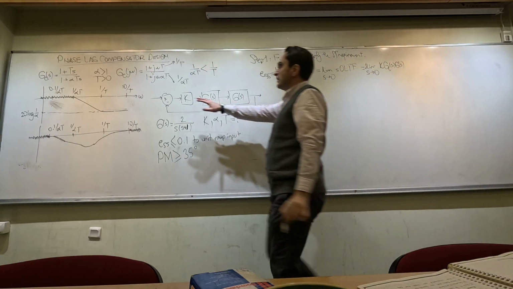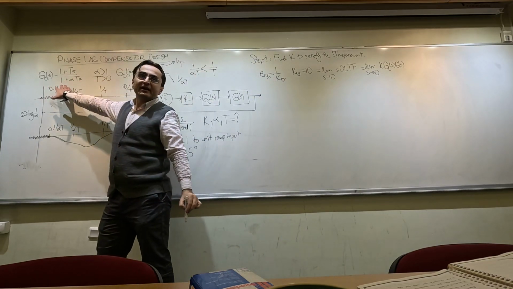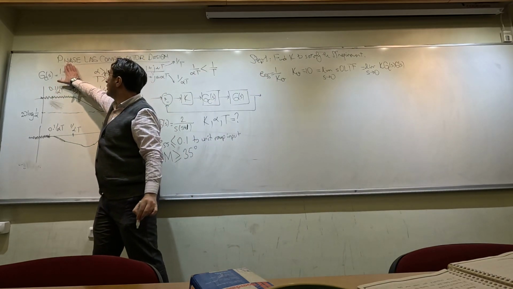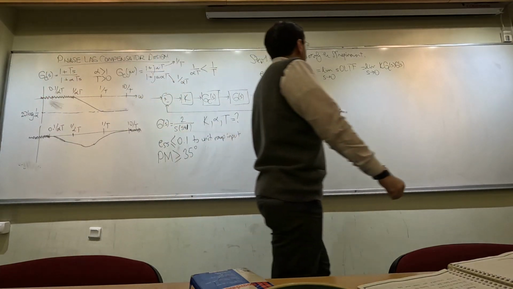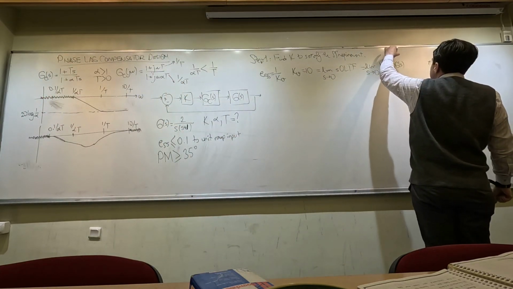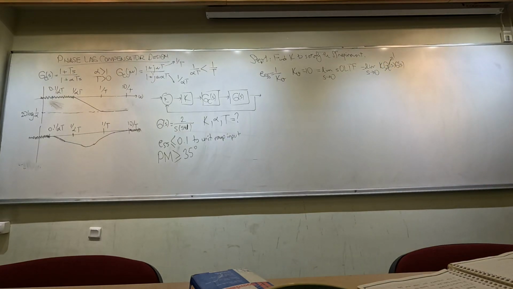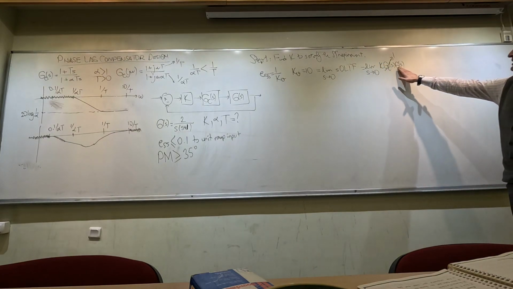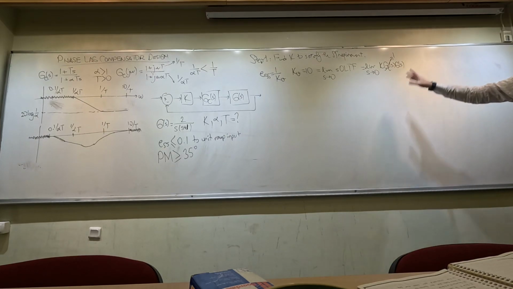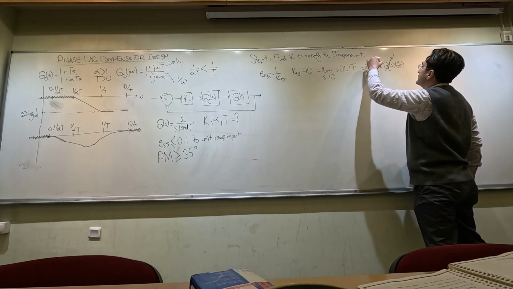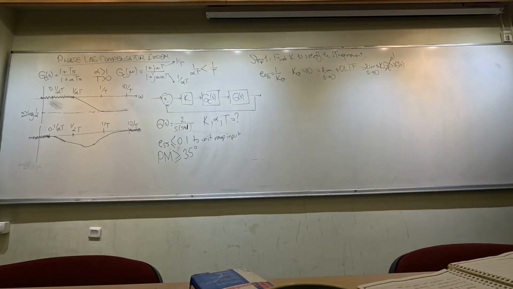When I look at the compensator here, when I let s go to 0, the compensator is going to be 1. So it is not going to change the steady state performance. So I really do not have to consider GC of s there. So here, when I take this limit with that G of s transfer function, what is going to be the limit? There is an s, right? Yes, of course, there is an s here. When I take the limit, what is going to be the limit?